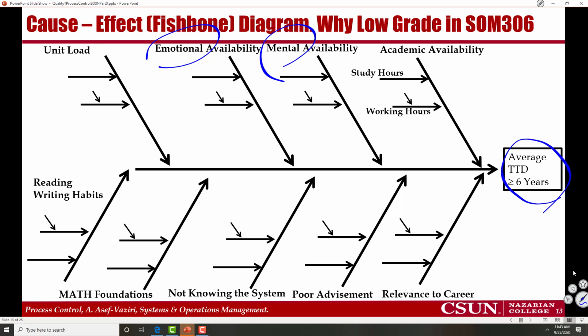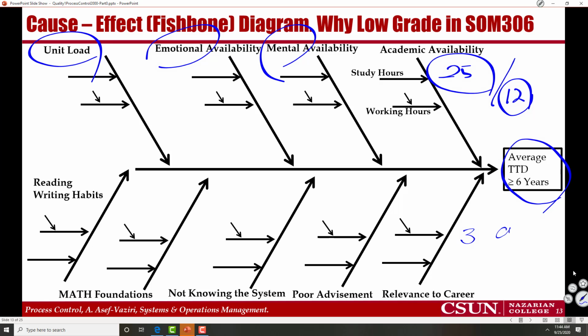Then we have unit load. This is also maybe a source of a problem because suppose you are available 25 hours. If we assume that you need 7.5 hours for each 3-unit course, this will qualify you for less than 12 units, because it is believed that for 3 units you need 9 hours.